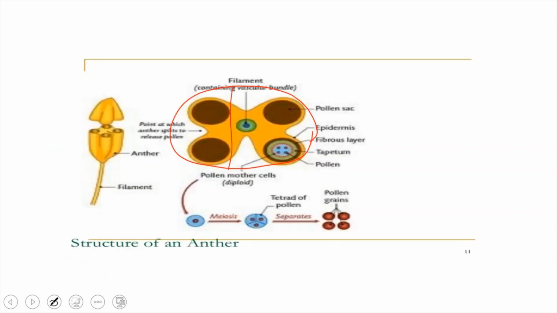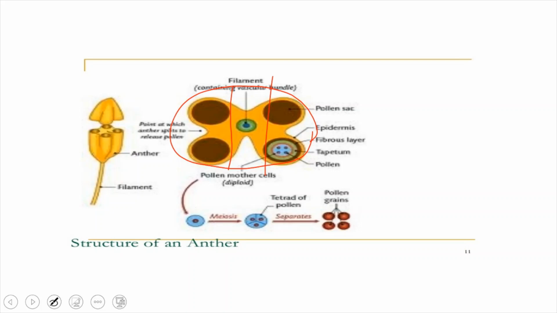This is the first lobe and this is the second lobe. Each lobe contains two microsporangia. Totally four microsporangia are present on the anther.